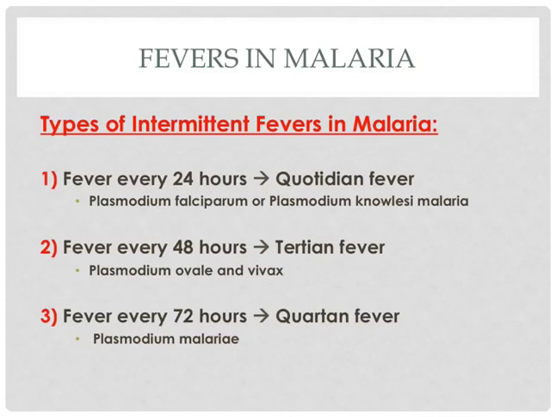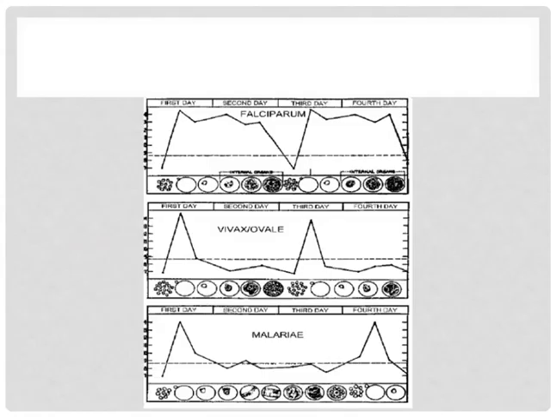These are also called intermittent fevers. As we spoke before, every 24 hours is falciparum and knowlesi. Every 2 days or so is ovale and vivax. I'm sorry, every 3 days is tertian. Every 4 days is quartan. There's a typo in this one.